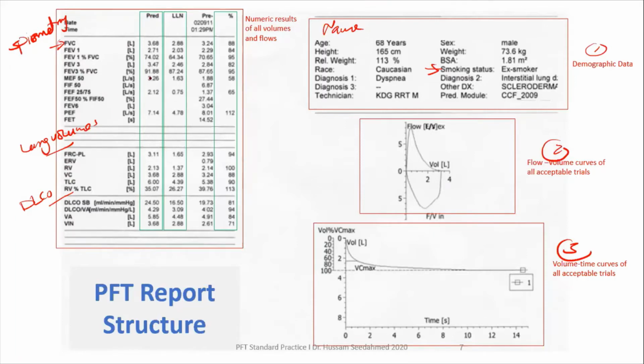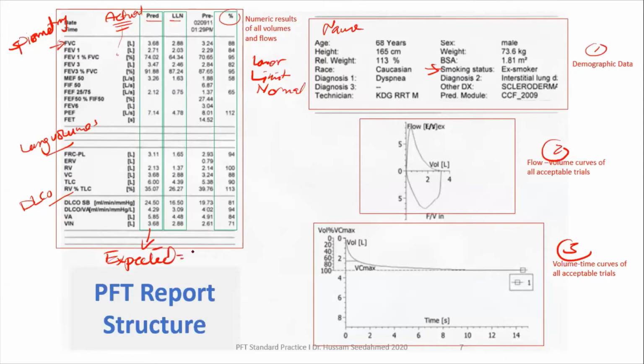Okay, on these columns we will find predicted, lower limit of normal, LLN is lower limit of normal, and this is the percent predicted. Of course here there will be the actual, which is what the patient measured. So we have a column for actual, this is the patient measurement. Then we have the predicted. What is the predicted? By predicted we mean the expected.